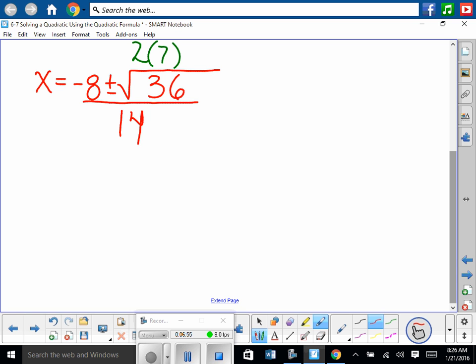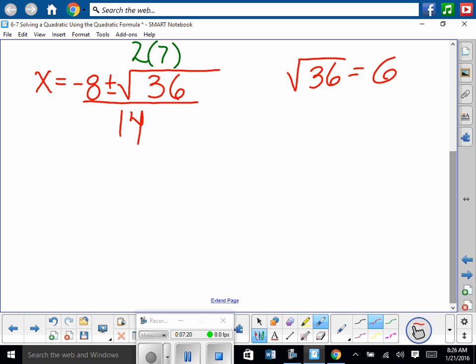Now, every single time we always go off to the side and say, okay, do I know what the square root of 36 is? It's 6, right? Square root of 36 is 6. When we're solving for that, you don't put a square root, you just... No, because oftentimes we're going to get decimals, and so that's why we want to know what was under the square root, because we might have to break it down by hand.